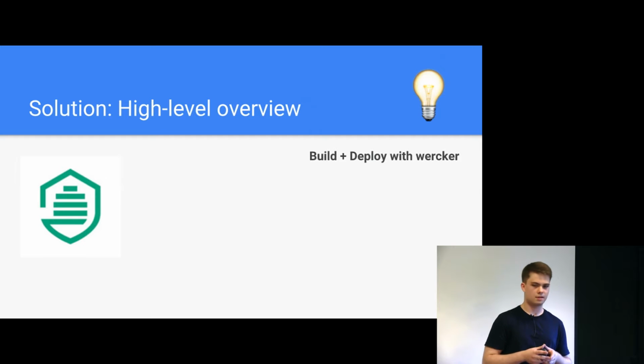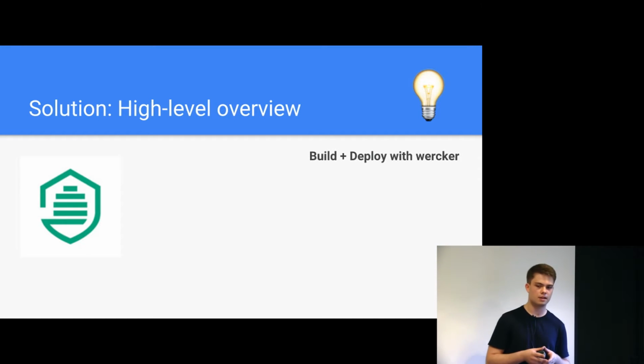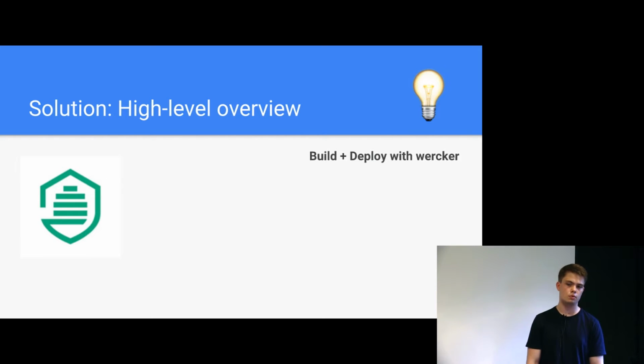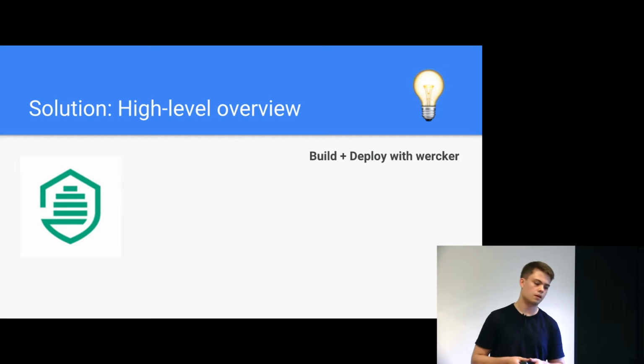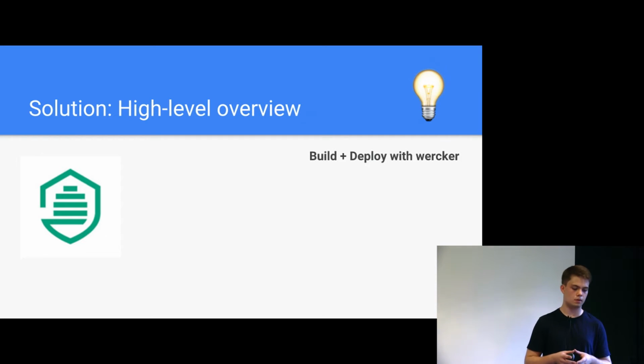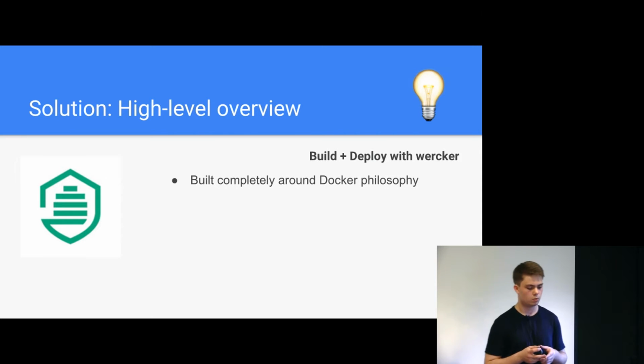There is Travis, the most widely used continuous integration platform for open source applications, which just pulls your code, builds it into an artifact, and can also run the tests. So we chose Wercker. It's a relatively new service, and it has a lot of benefits, I will say why.